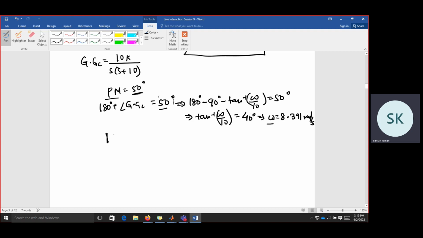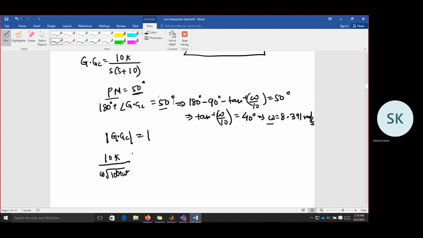So at this point, the magnitude of G into GC should be 1. This means 10K divided by omega times root under 100 plus omega square, at omega equal to 8.391, is equal to 1.